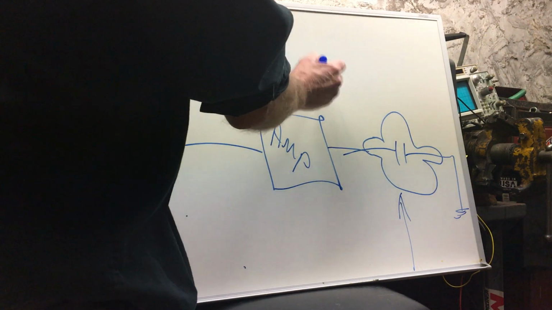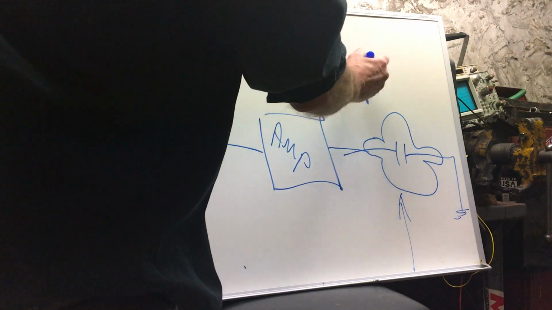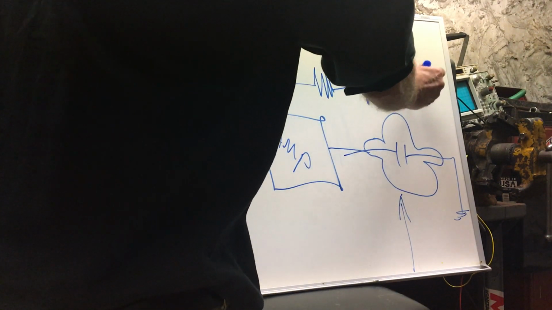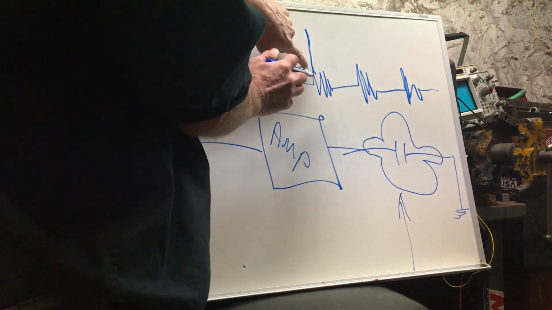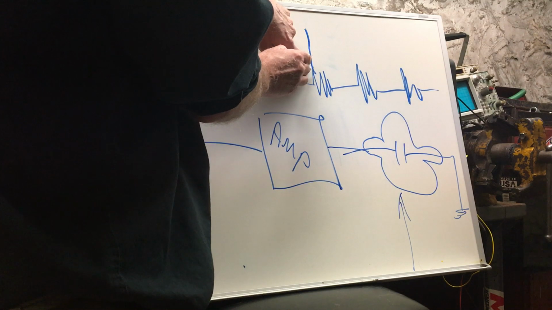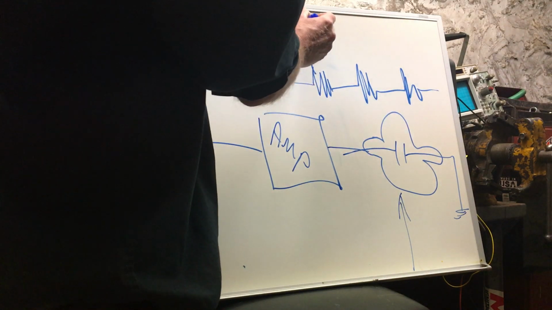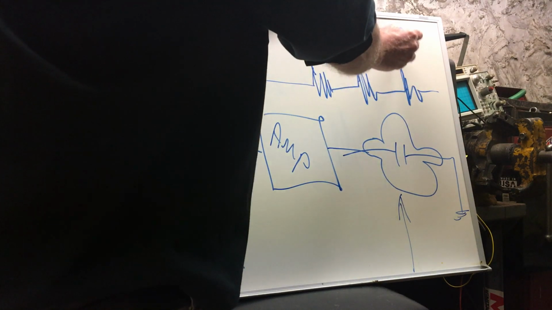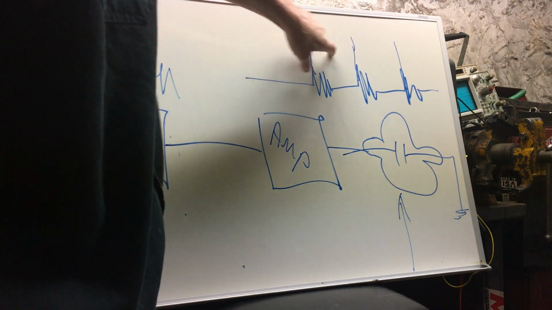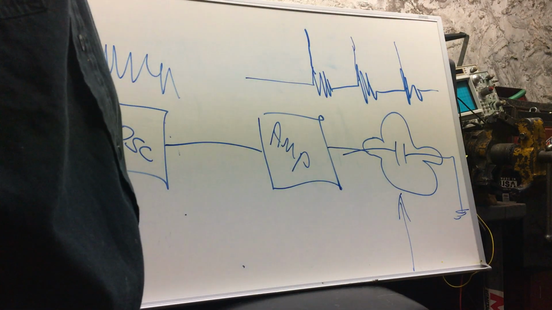So each pulse on and off, if you take a look at this positive peak amplitude here, this positive peak amplitude here, and this positive peak amplitude here, they're all completely in phase.